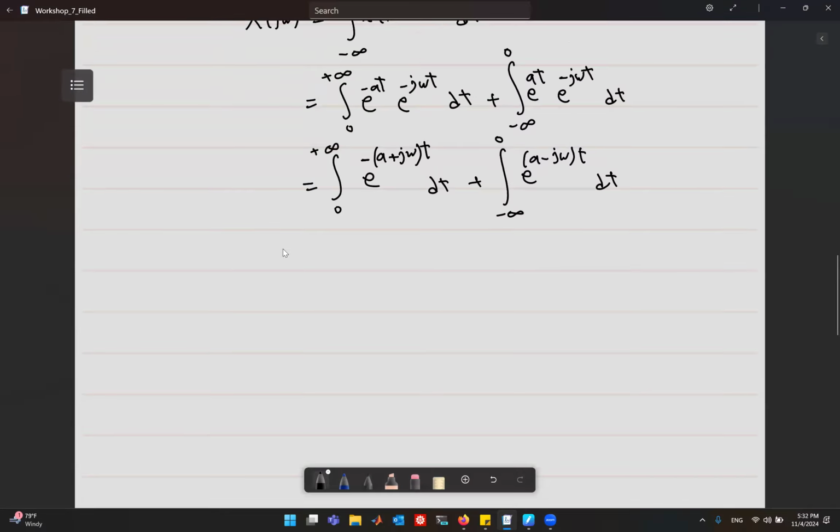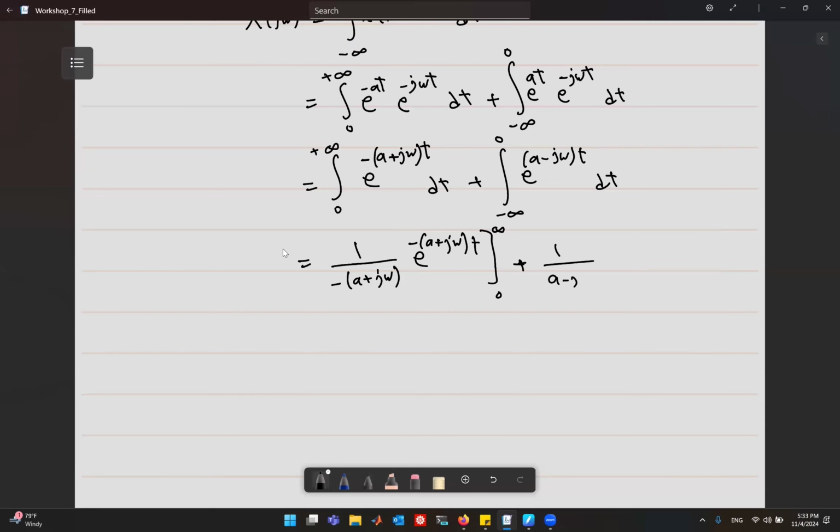And this will be 1 divided by minus a plus j omega, exponential minus (a plus j omega) t from 0 to infinity. And then this part is 1 divided by a minus j omega, exponential (a minus j omega) t from minus infinity to 0.